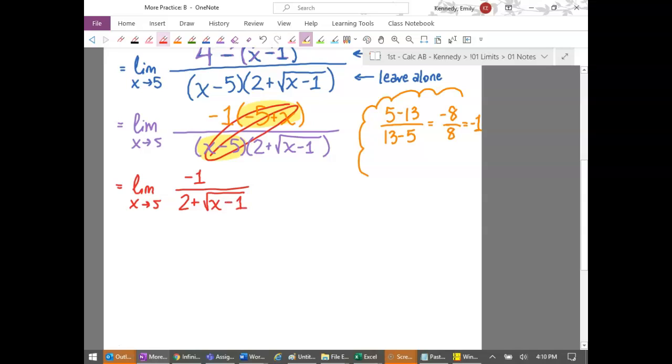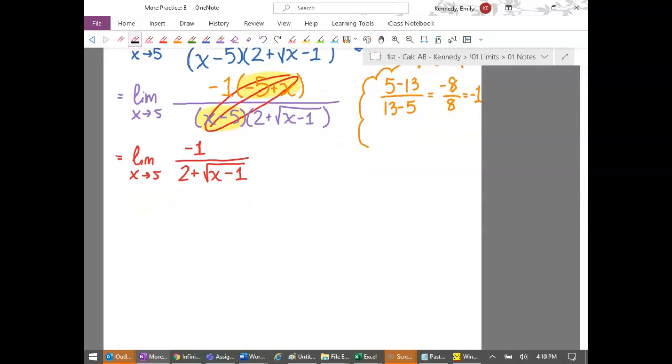We still have x's in our work, so we still have the limit notation in front. But now that something has canceled, we're ready to take care of the rest. So my next step, negative 1 over 2 plus, direct substitution, the square root of 5 minus 1. Okay. And because I don't have any x's left, that's why I don't have any limit notation in front anymore.